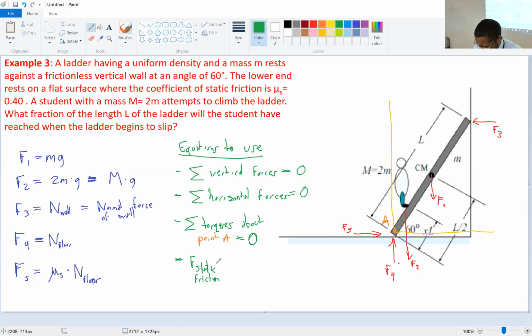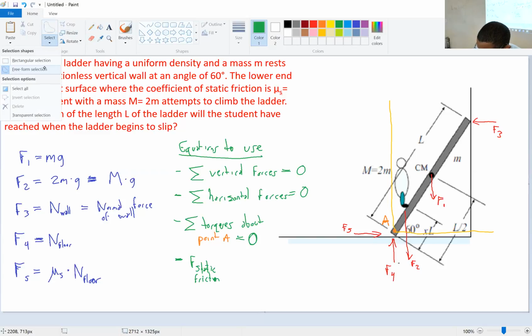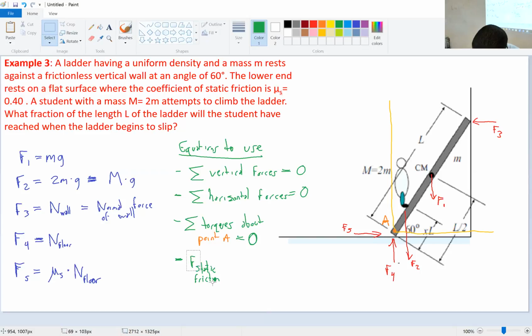Oh, no, wait, no, that's not what it is. Let's see. So he uses F of S, which I think is the force of the student.